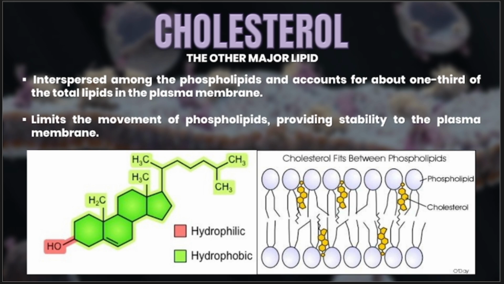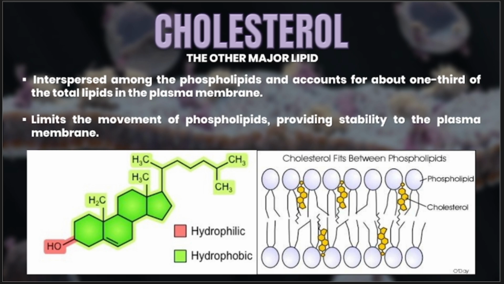At the same time, it has a function in membrane stability. Your cholesterol actually adds structural integrity to the plasma membrane. By interacting closely with the phospholipids, again, it would prevent the membrane from becoming too fluid or too rigid.